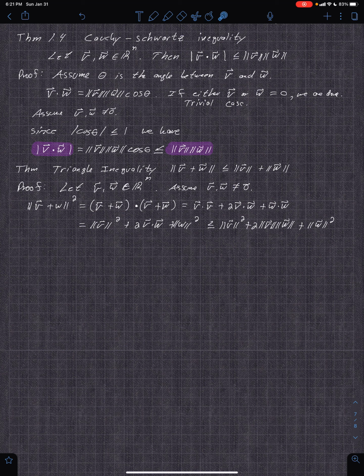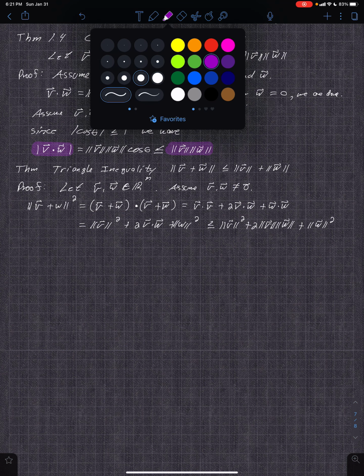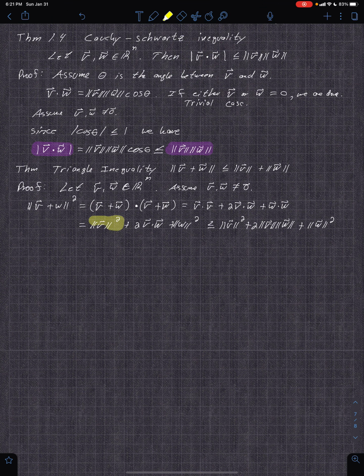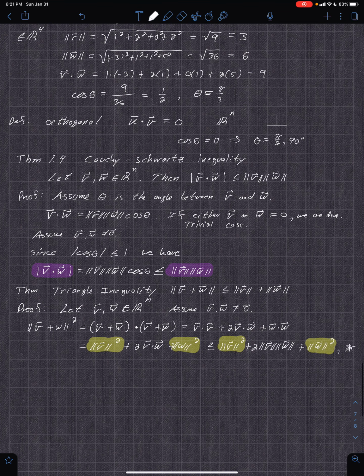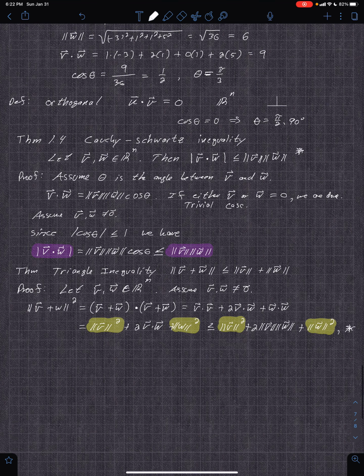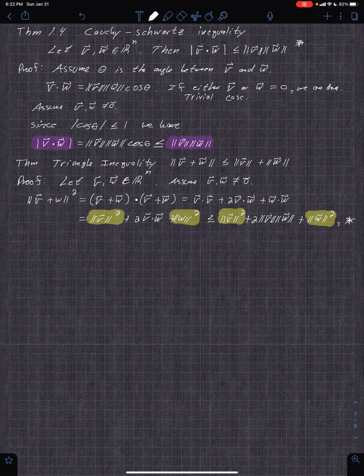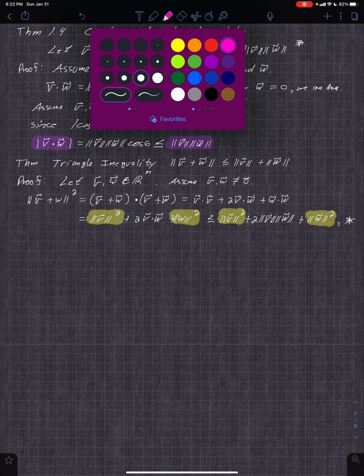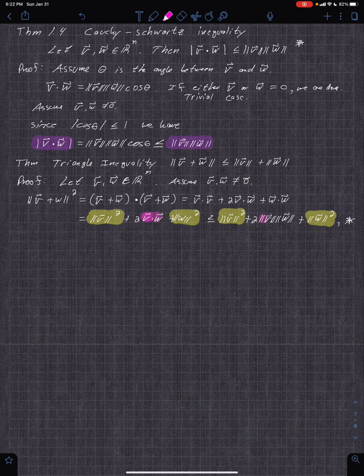Right? So all of these didn't change. What changed, because of the Cauchy-Schwarz inequality up here, allowed us to say this and this.